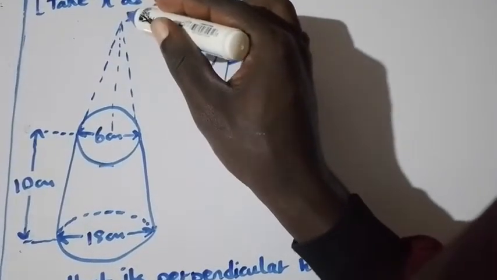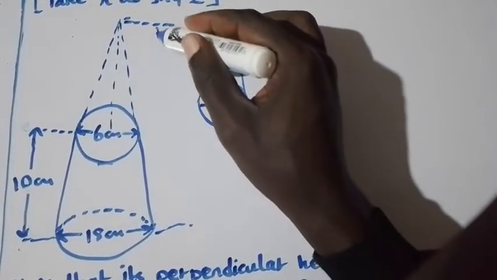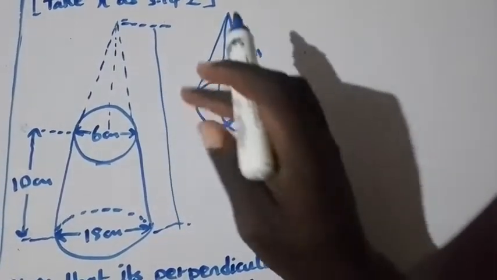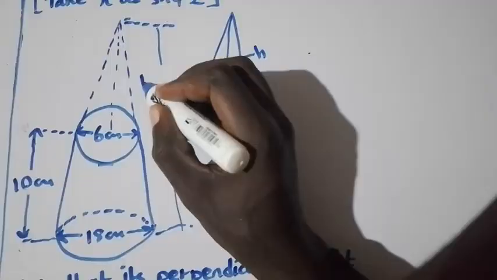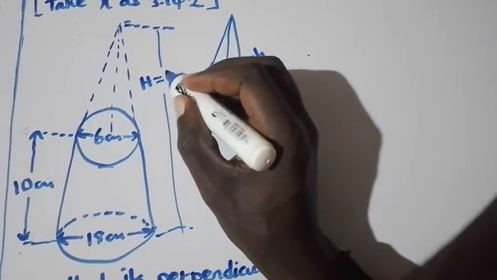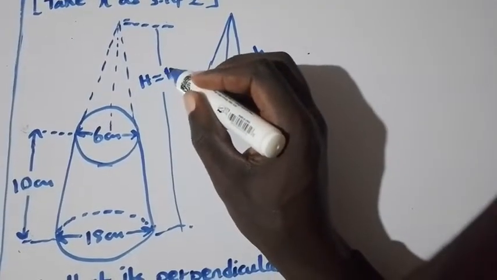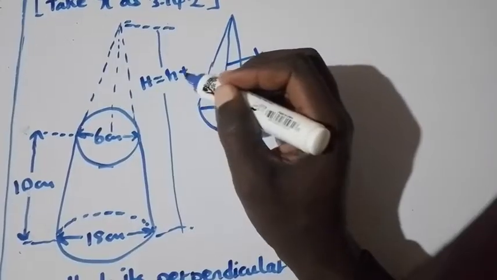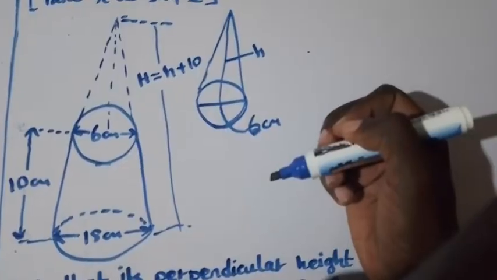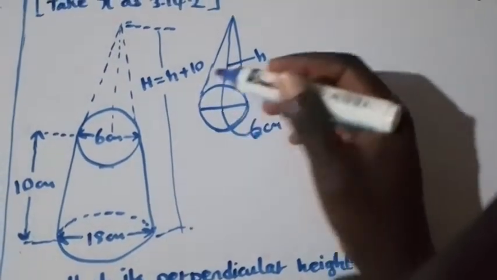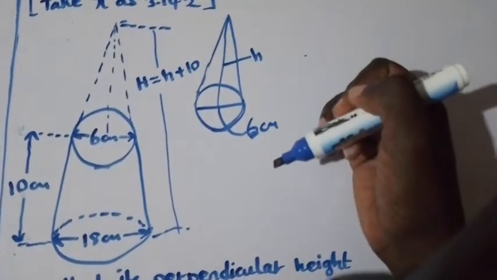Then the larger cone should also have a height, which is going to be capital letter H equal to small letter h plus 10. So small letter h is the one which is coming from the smaller height.